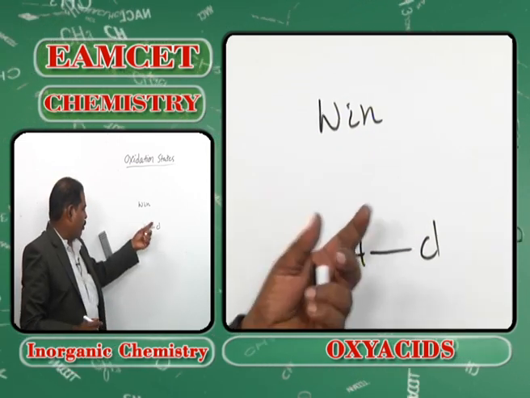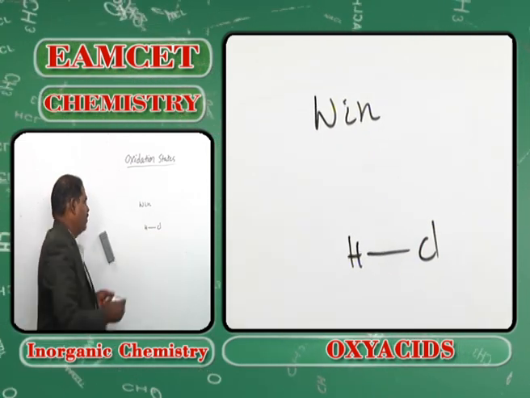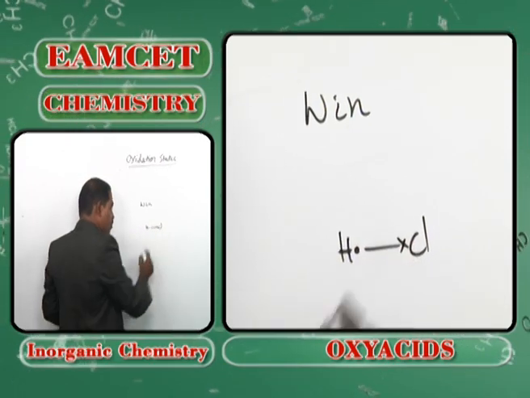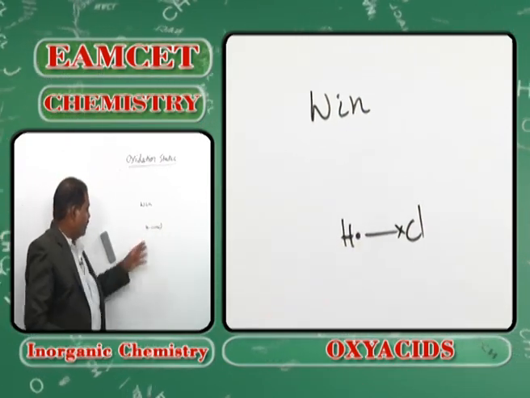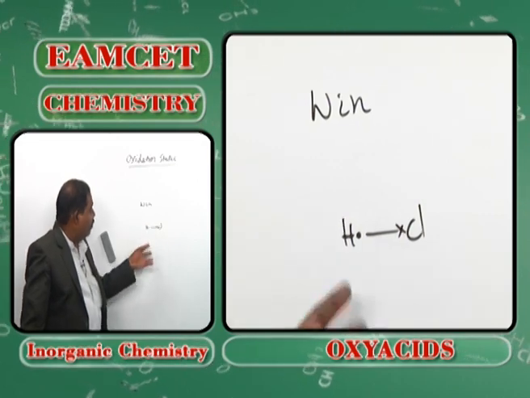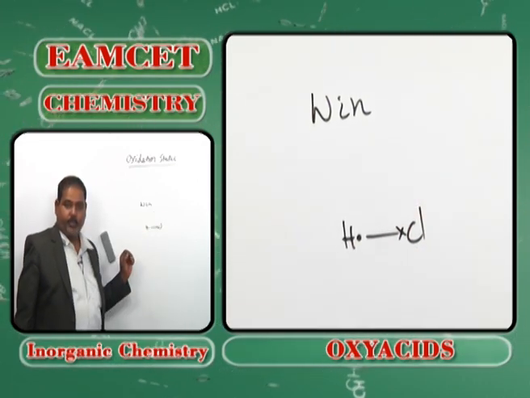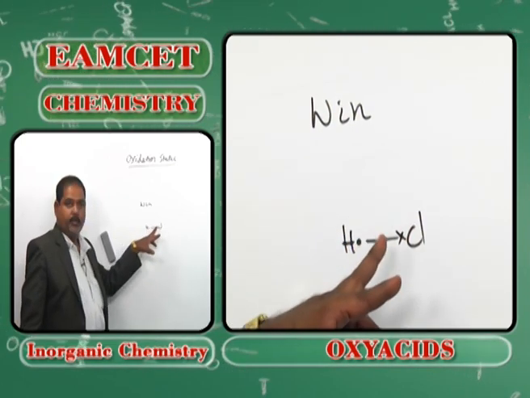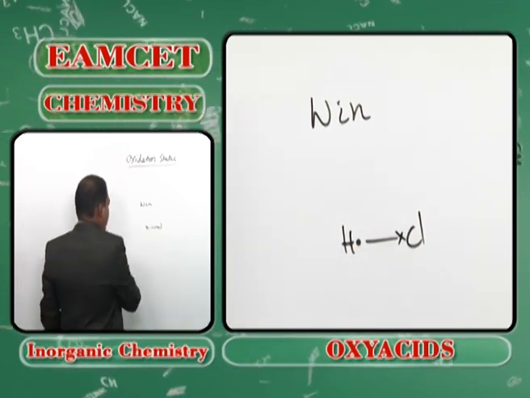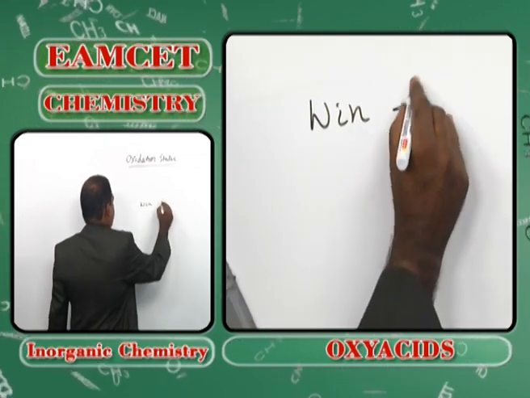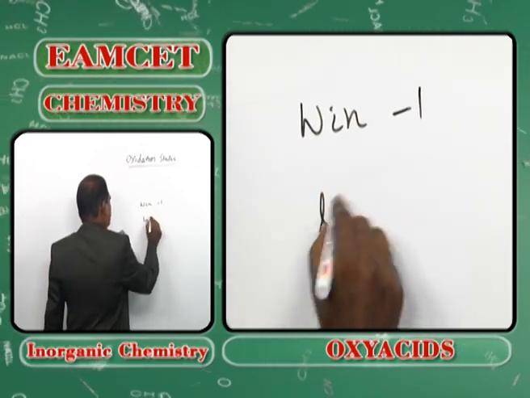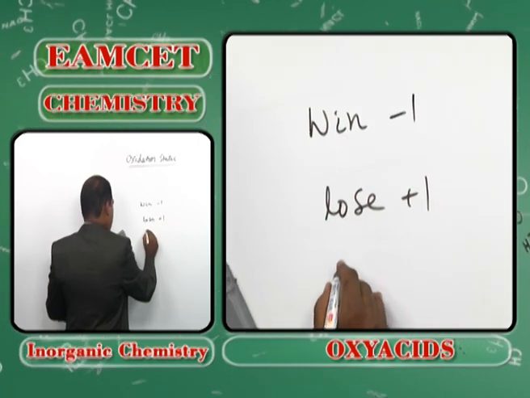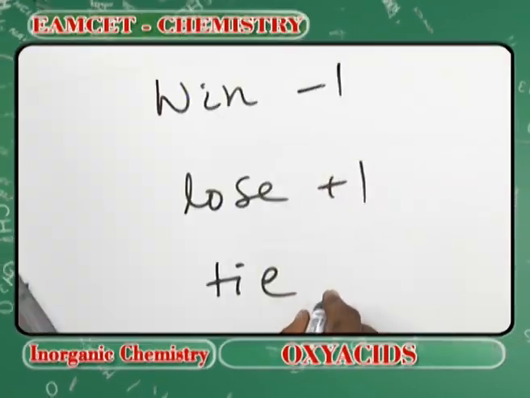Winning means chlorine being more electronegative; these two electrons, though they belong to both, are enjoyed more by chlorine than hydrogen. These two electrons always will be moving around chlorine. So, when you win a bond, your state is minus 1. When you lose, your state is plus 1. When you tie, it is 0.